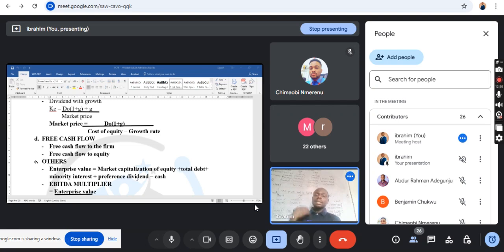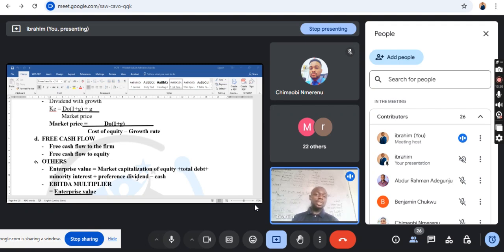Most times it is not even applicable in the ICAN exam, but just have it that when you have to use enterprise value, this is how you will determine it. Minority interest is those people whose shares are of low value compared to the majority interest. If you don't have it, just keep it and move on.